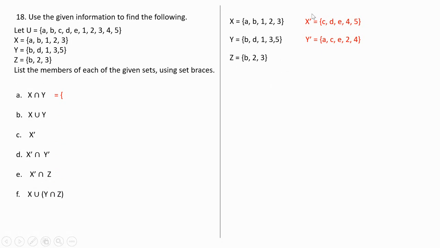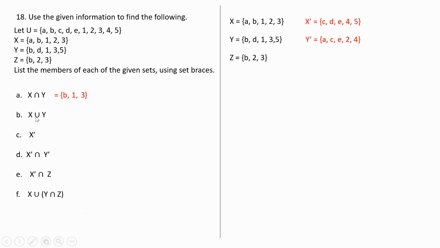Do they have in common an A? No, they don't. How about a B? Yes, they have a B in common. How about a 1? Yes, they have a 1 in common. How about a 2? No. How about a 3? Yes, a 3. And that's it. That's what they have in common. So X intersect Y is B, 1, and 3.